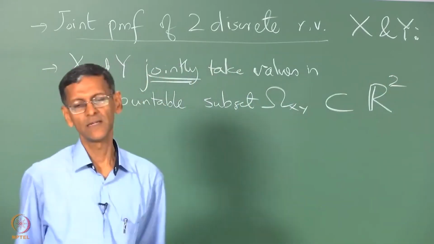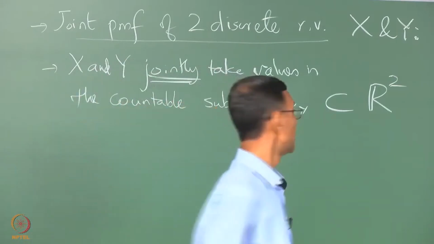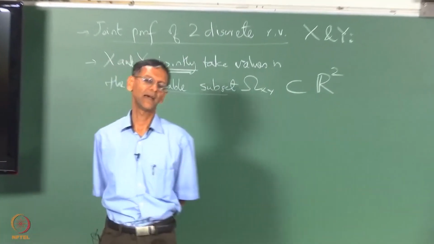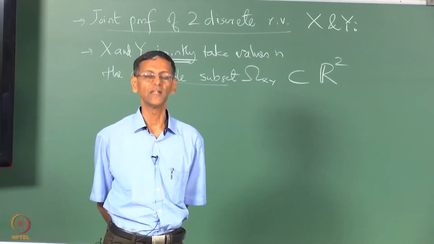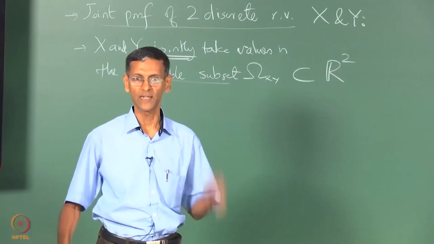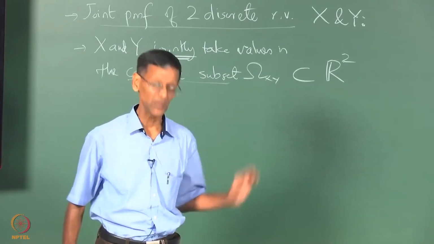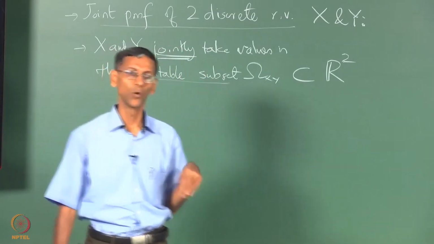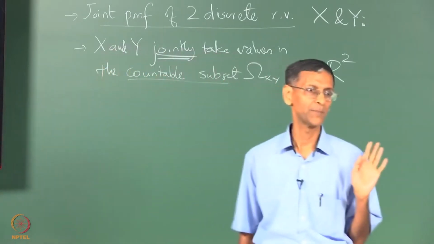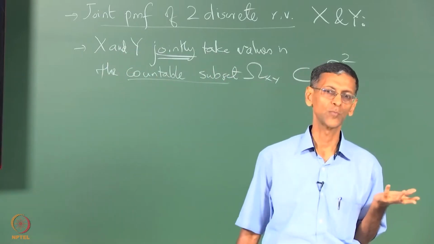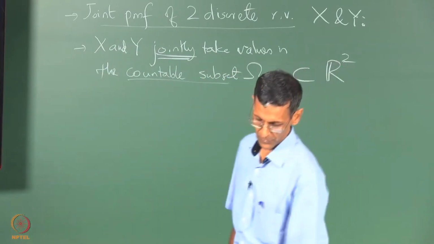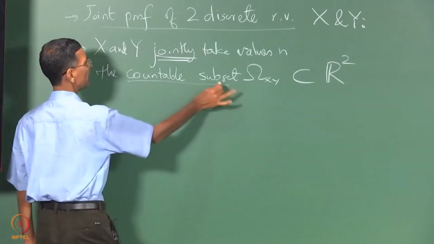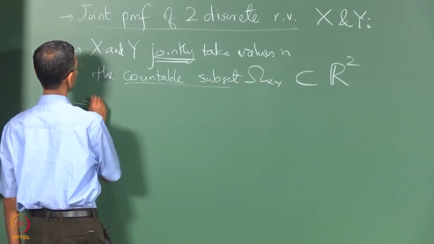R squared is the XY plane, and Omega_XY is the set in which they take values, and the key point is that Omega_XY has to be countable. There are only a finite or countable number of points in that set. You cannot have, for example, the whole unit square [0,1]^2, because that would straight away be an uncountable number of points. So this is Omega_XY, and then you have the joint PMF.